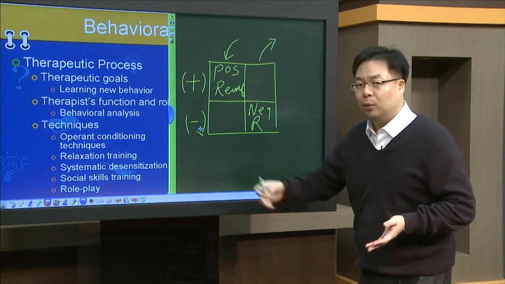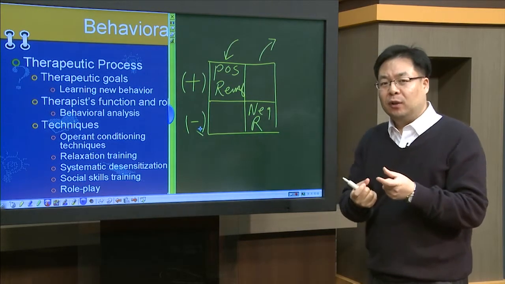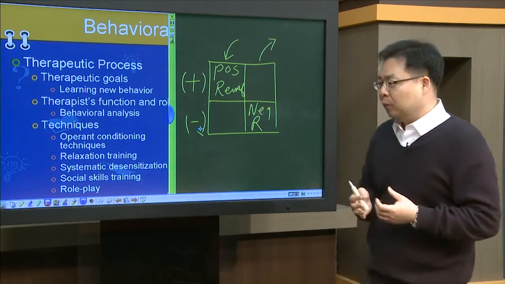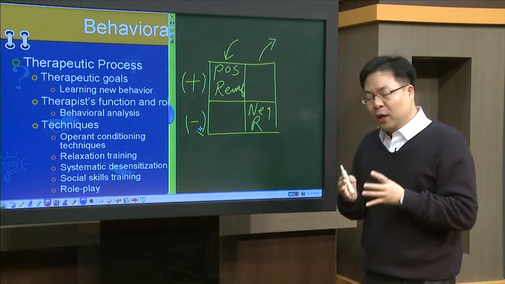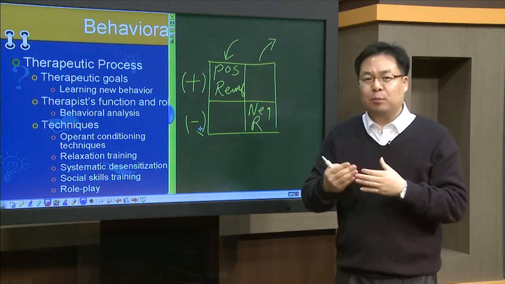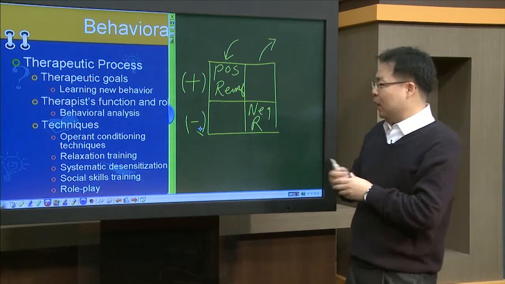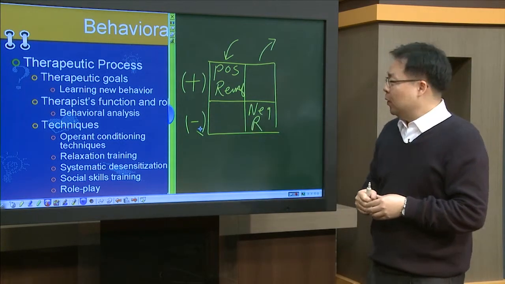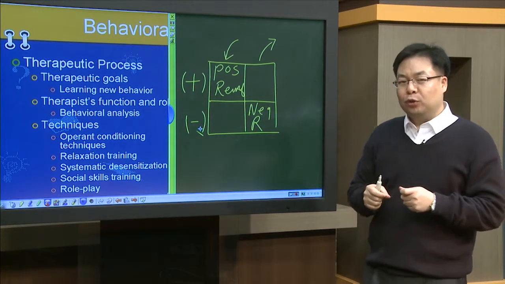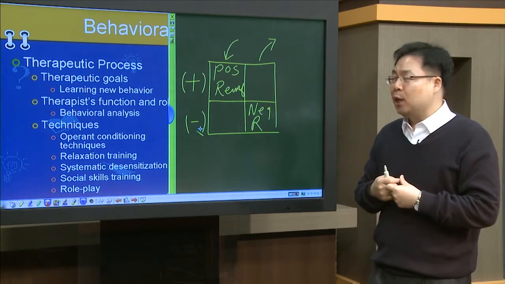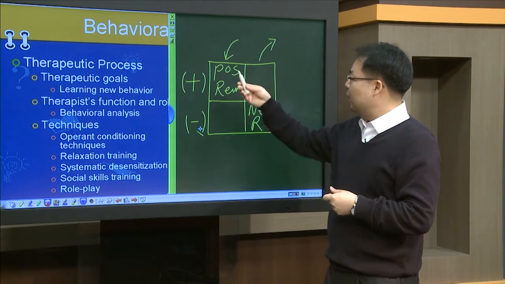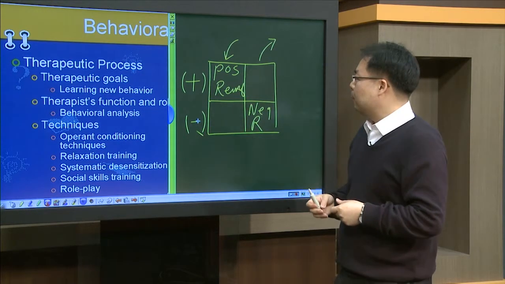In this case, the negative will be homework that the client doesn't want to have. So the client will try to keep showing good behavior in order not to have homework. Okay? And also, if we want to decrease a certain behavior, we can give negative consequences.